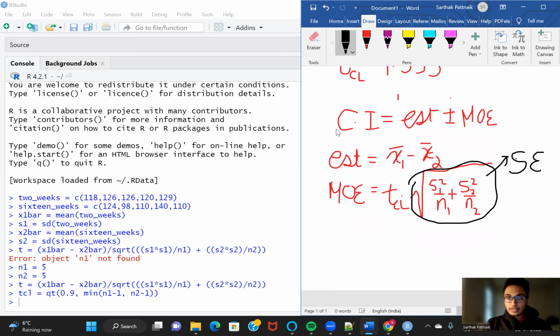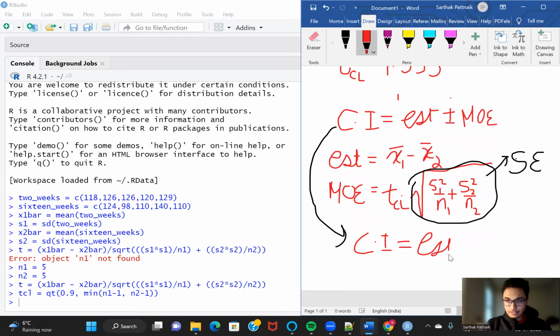So you can rewrite this equation as confidence interval is equal to estimate plus and minus critical t value into standard error. Okay. This will be a more recurring formula in our upcoming sessions.